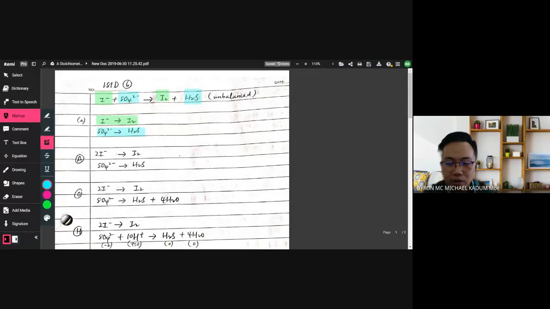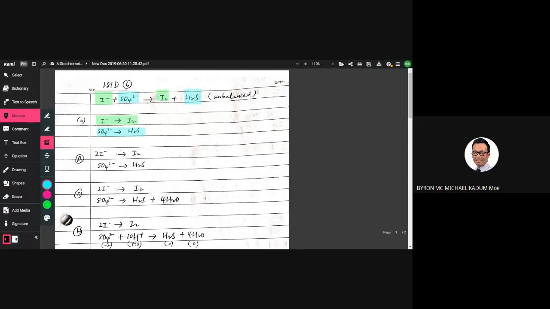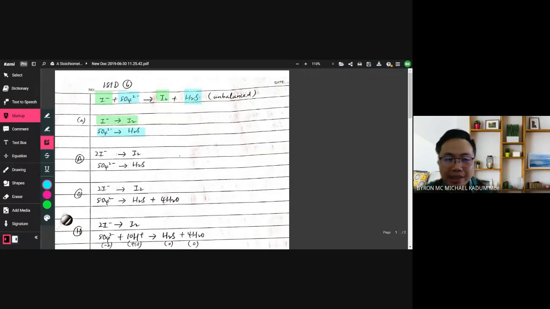That is the first thing you need to do when you want to balance a redox equation. Correct, no questions. It's easy for us to separate, to get started.